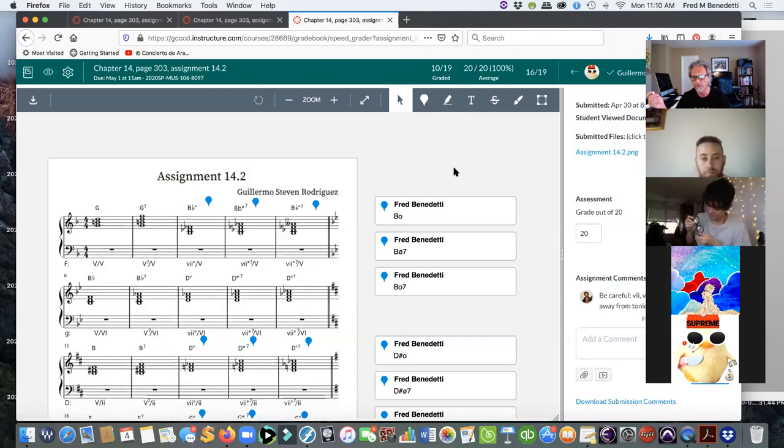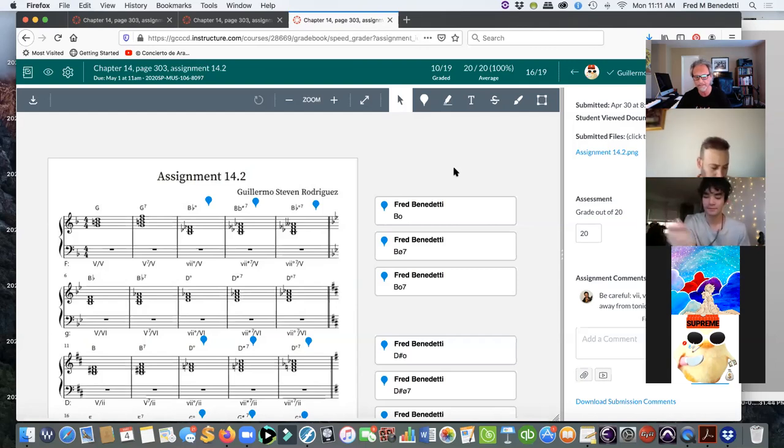Therefore, the chord has to be a B fully diminished, not B flat. I made a mistake. Was that Amy who just said that? Yeah. I just looked at yours. I hadn't graded, but I saw some things there. Yes. So what you want to do is make sure if you're saying 7 of whatever, it's got to be a half step below it, because that's what a leading tone chord is.